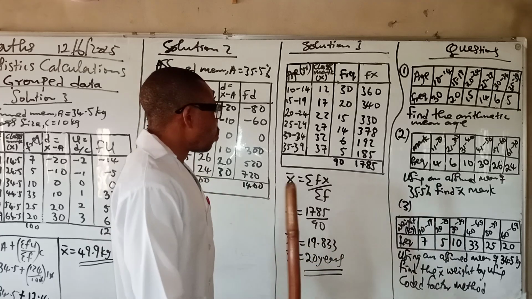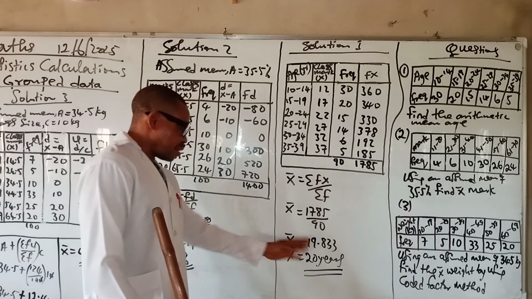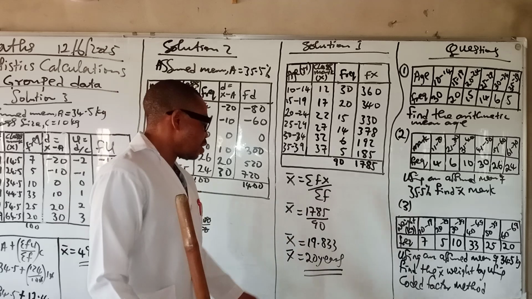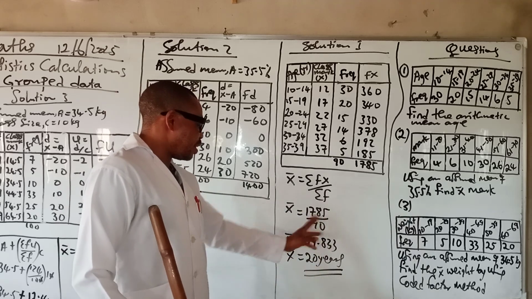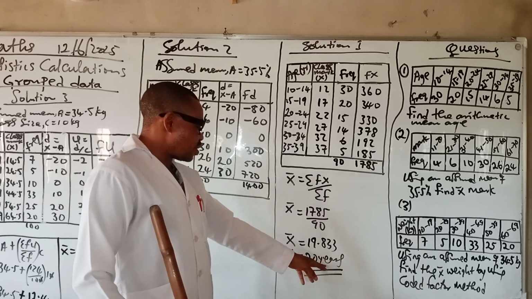Knowing that someone's age cannot be in decimal, we round it to the nearest whole number, giving us 20 years.